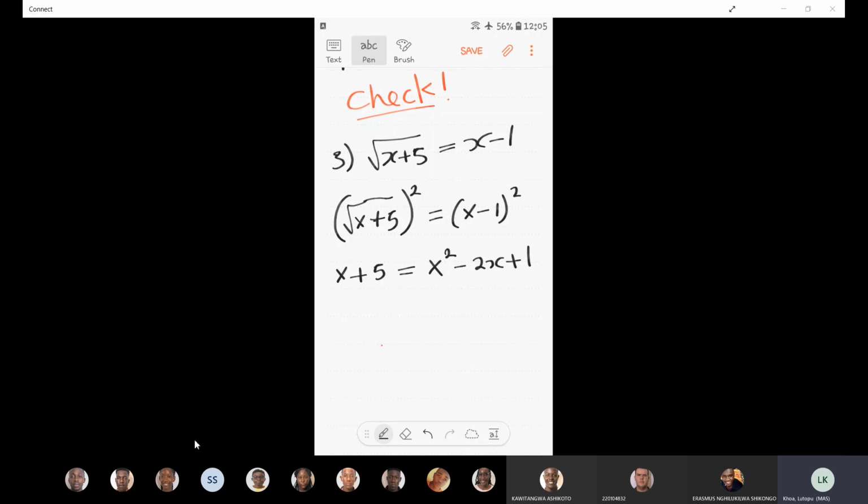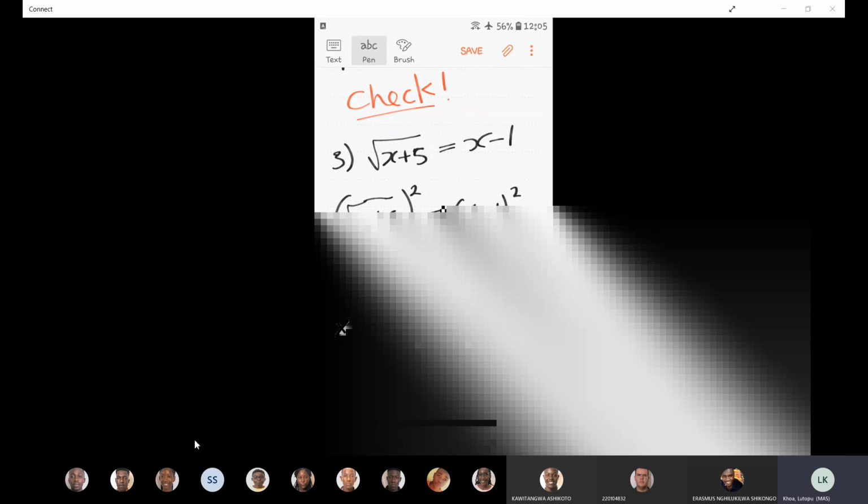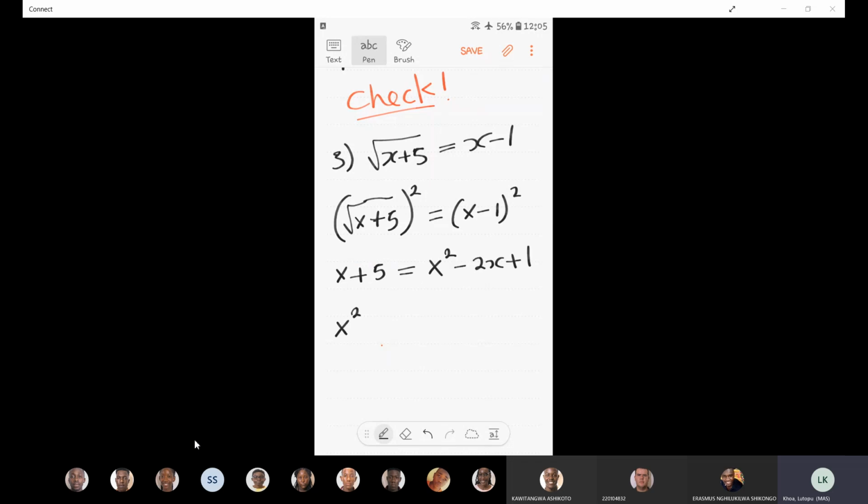And then what you do is you collect everything on one side. You'll have x squared. Then when you subtract x on both sides, you have minus 3x. And then subtract 5 on both sides. You should end up with minus 4. This is equal to 0. So what you want to do is look for two numbers that multiply to give negative 4 and add up to give negative 3.